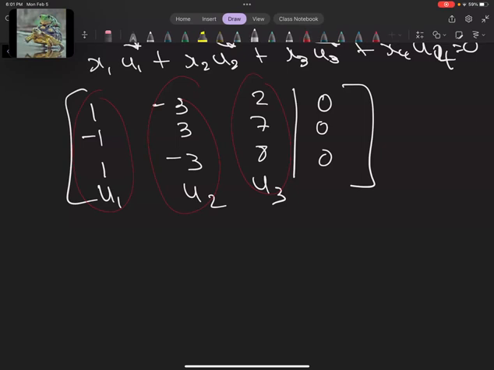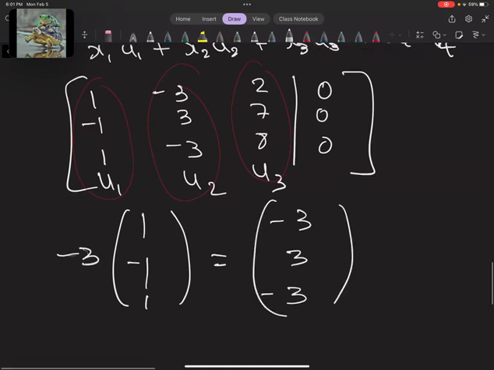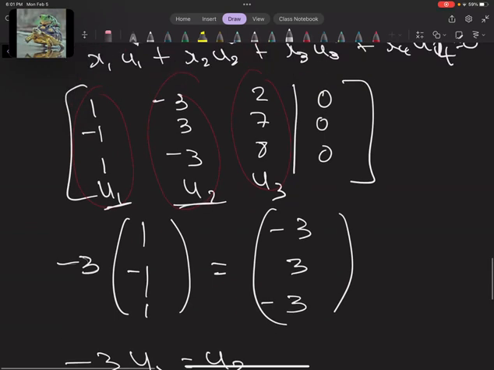Because if you multiply the first one, 1, minus 1, 1, times minus 3, you obtain minus 3, 3, and minus 3. So basically minus 3 U1 equals U2. So these two are in the same line, and you don't want two in the same line. So you could choose this one and this one, or this one and this one. Either of the two.